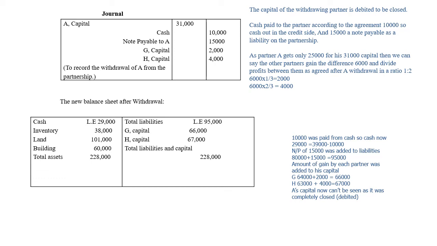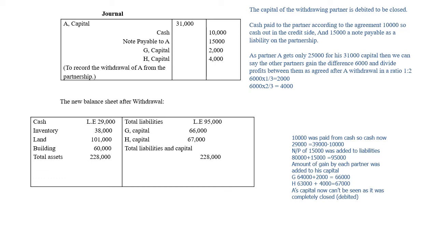But we are having a difference between his capital, which is 31,000, and cash and note given to him, which were only 25,000. The difference between 31,000 and 25,000 is 6,000.